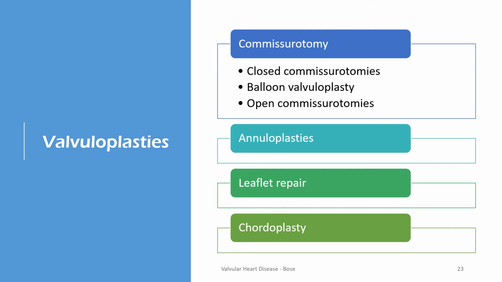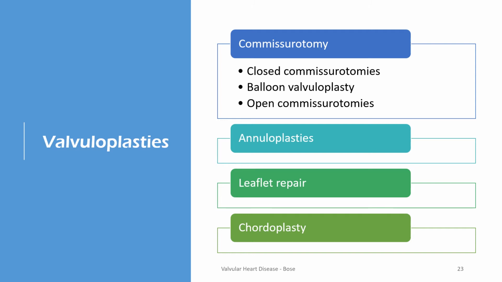Repair may be made to the commissures between the leaflets in a procedure known as commissurotomy, and it is done to the annulus of the valve by annuloplasties, and to the leaflets or the chordae by chordoplasty. So commissurotomies are the most common valvuloplasty procedures.